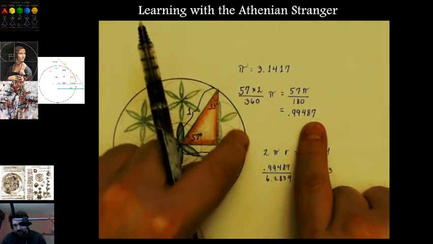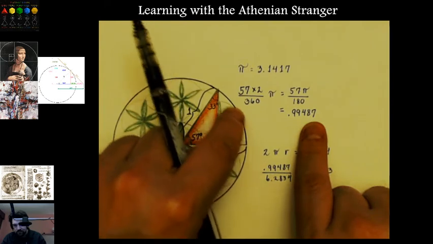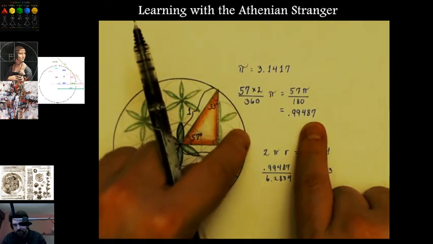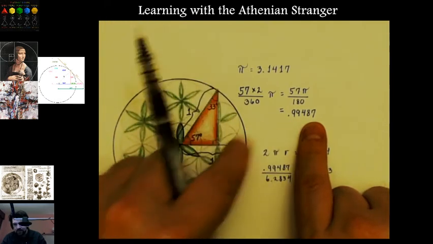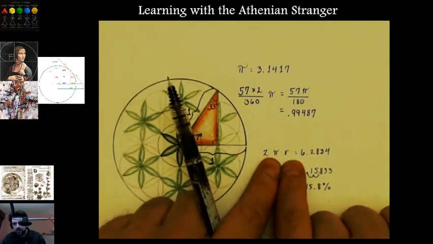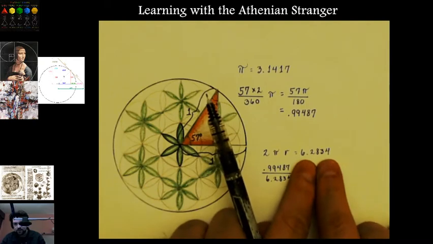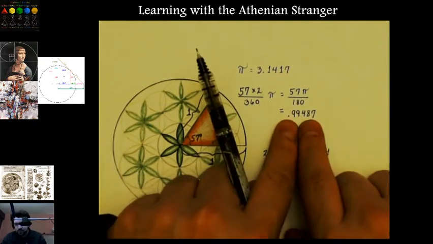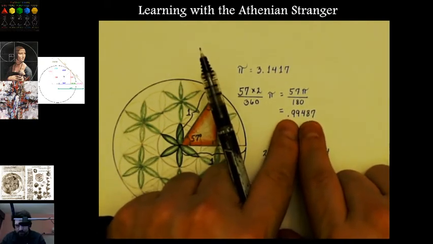This distance. Take a piece of string, make that little bit of string. That's what this distance equals. If the total circumference of the circle is 2 pi r and r is 1, that's the total circumference of the circle. This is the portion of the circumference inscribed by 57 degrees.